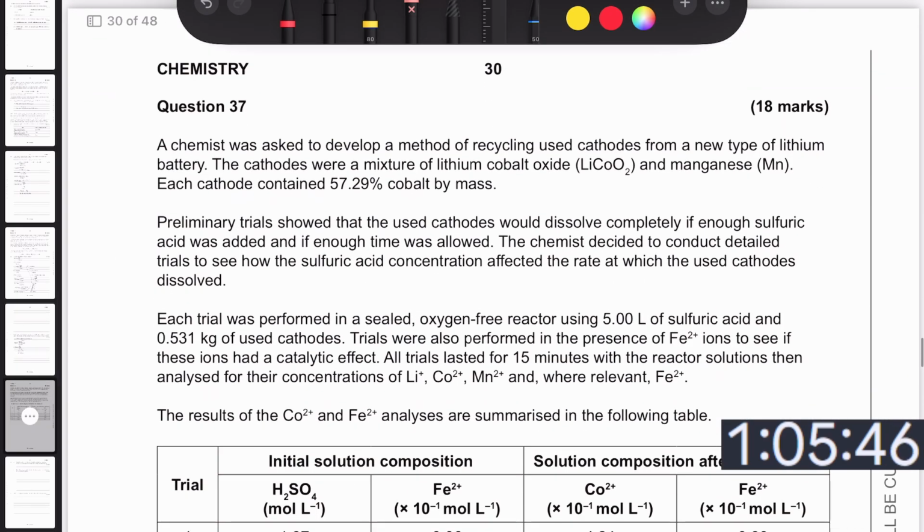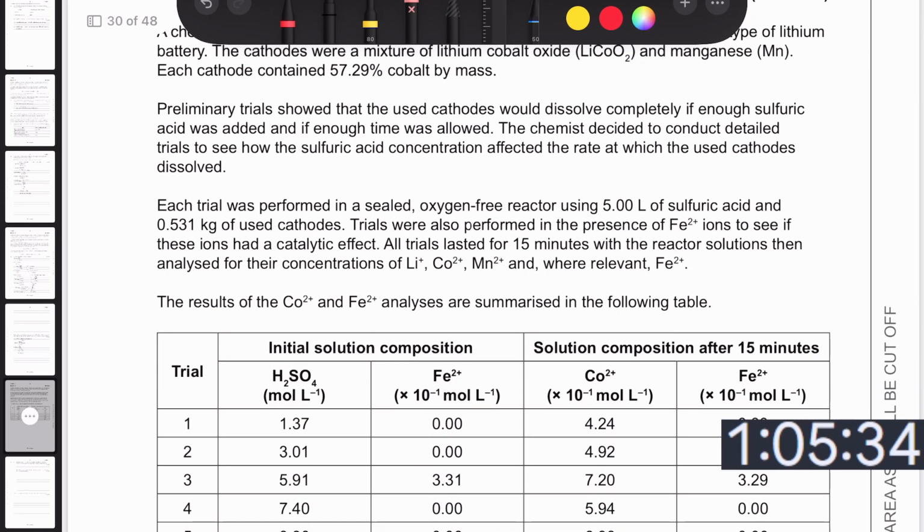Okay, a chemist was asked to develop a method of recycling used cathodes from a new lithium battery. The cathodes were a mixture of lithium cobalt oxide and magnesium. Preliminary trials showed that the used cathodes would dissolve completely if enough sulfuric acid and enough time was allowed. The chemists decided to conduct detailed trials to show how sulfuric acid concentration affects the rate at which the used cathodes dissolve.